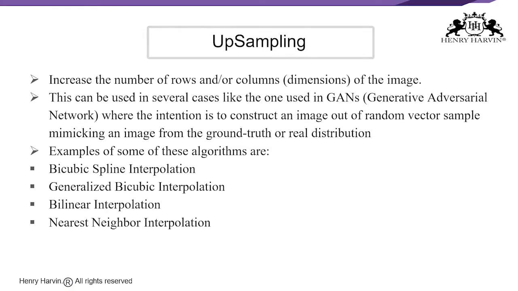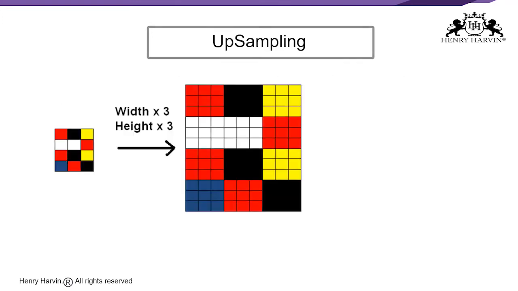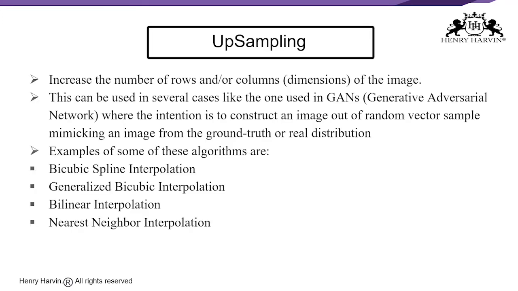So we somehow need to increase the dimension of the image and fill in the gaps, in the sense columns or rows. Suppose you want to upsample. Here you can also see some examples of upsampling algorithms, like bicubic spline interpolation, nearest neighbor interpolation, bilinear interpolation, generalized bicubic interpolation.